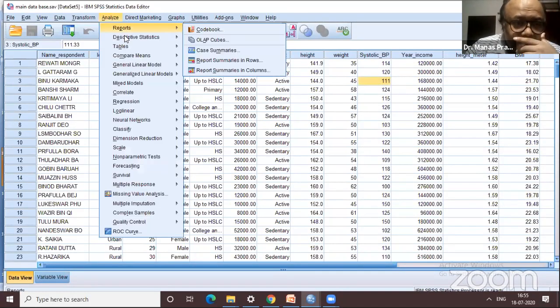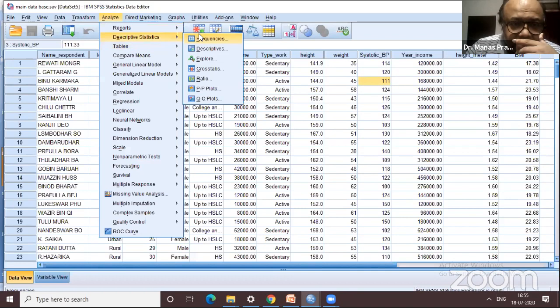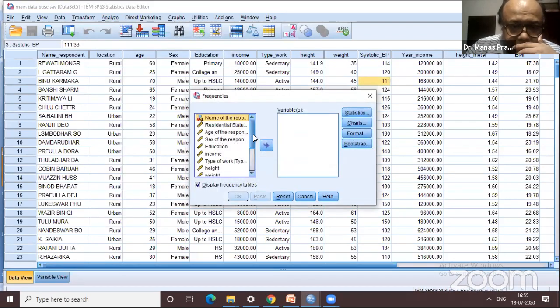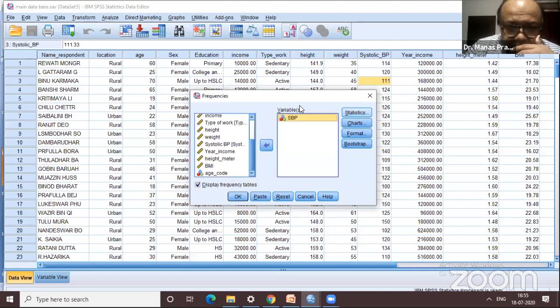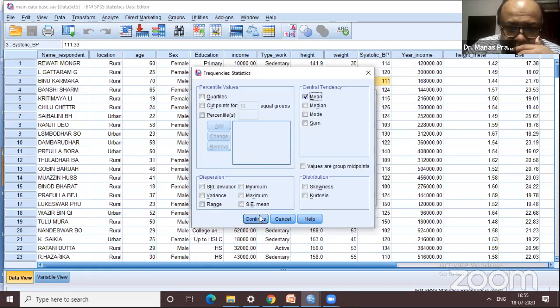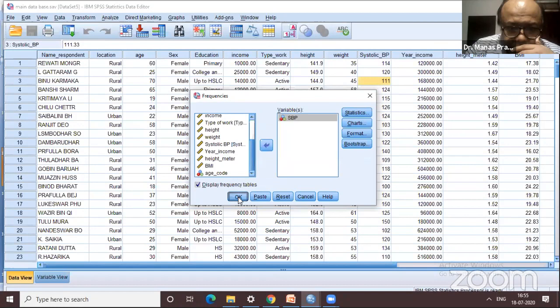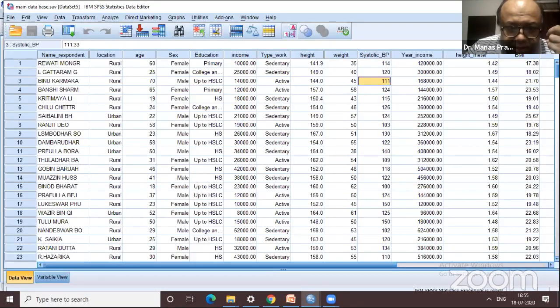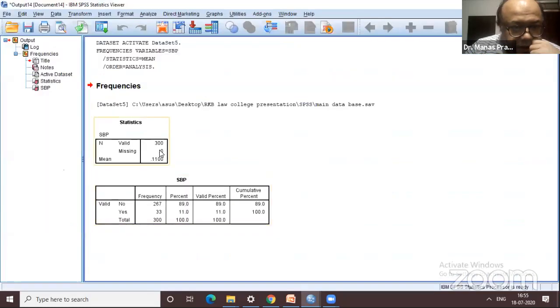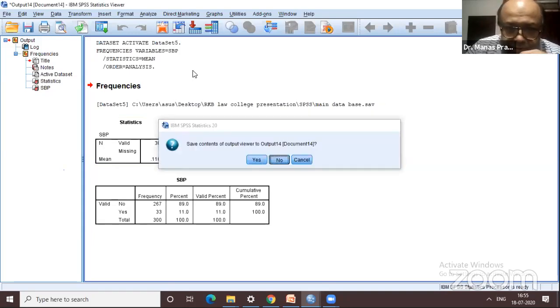So what is the mean? Mean systolic blood pressure, yesterday I think we have calculated it. Go to statistics. I have already shown this to you. So mean systolic blood pressure is what? Oh no, this is not the actual variable.